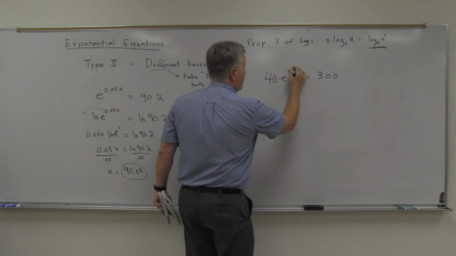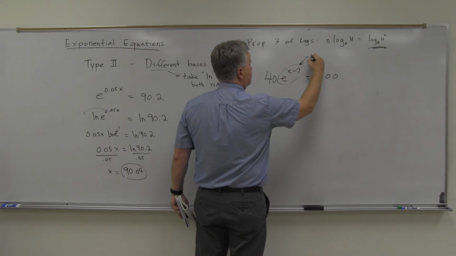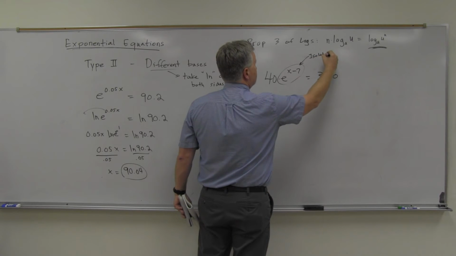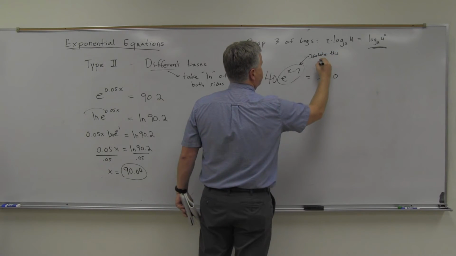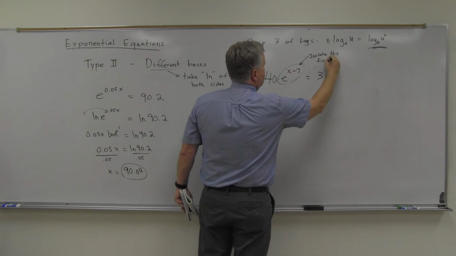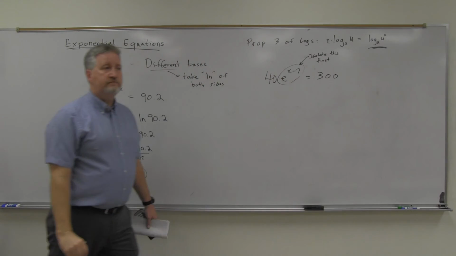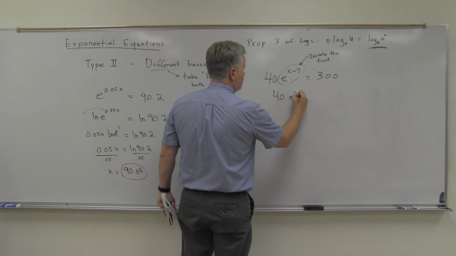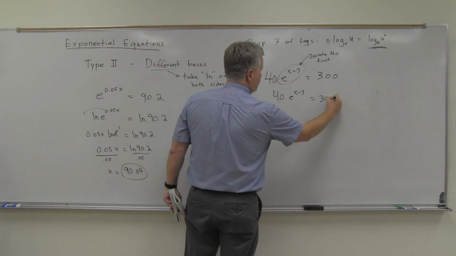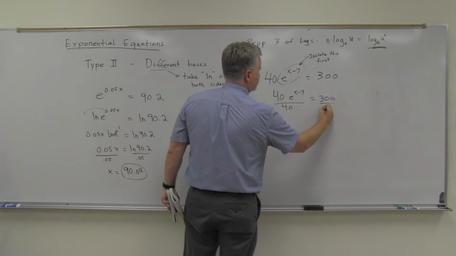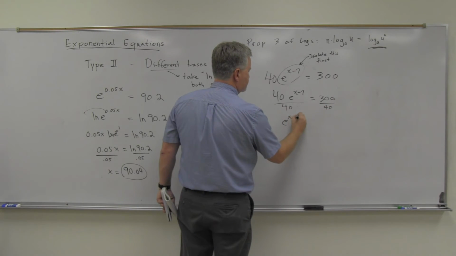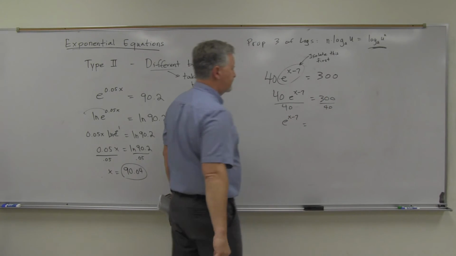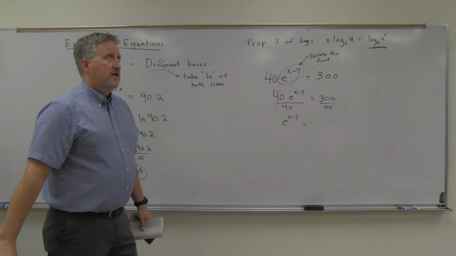We need the exponential isolated first. In other words, get rid of the 40 first. How would you get rid of the 40? Divide it, yeah. Just divide off the 40 first. So I have e to the x minus 7 equals 300 divided by 40, which is 7.5.